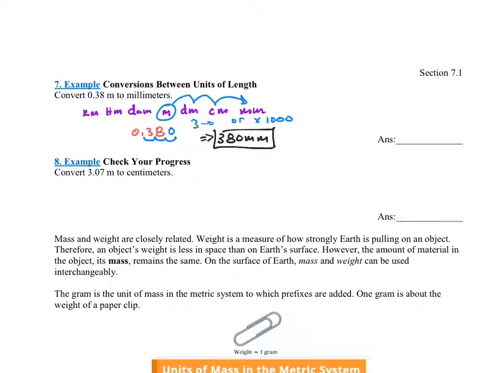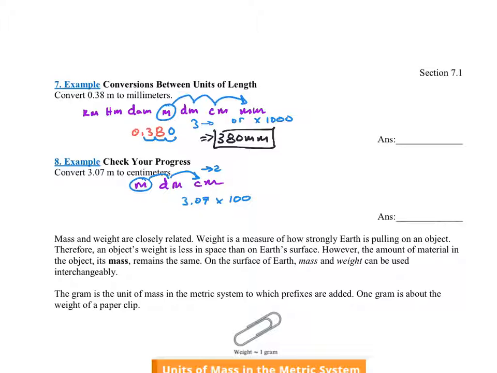Okay, so let's do it again. We're going to go from meters to centimeters now. I'm not going to do the whole thing. So there's meters, decimeters, and centimeters. And again, I'm starting off with meters. I'm going to centimeters. So that's 2 units to the right. So I need to take the number 3.07 and multiply it times a 1 with 2 zeros.